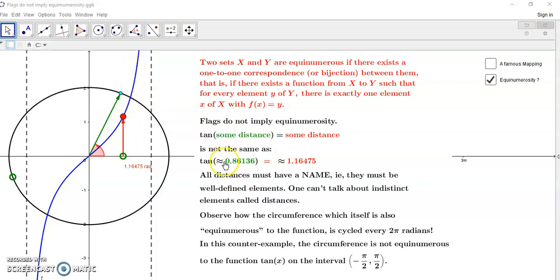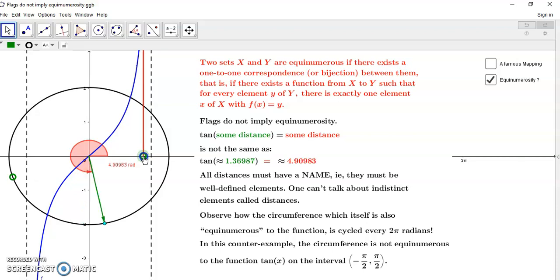So this here is not the same as what you see here in green, being equal to approximately some y distance on the function. Okay, it's not the same at all. Both of them start off as 0, 0, which is measurable, and then somehow you continue to cycle, and of course you know that as you reach pi over 2, this here becomes infinitely, or supposedly infinitely large, right?